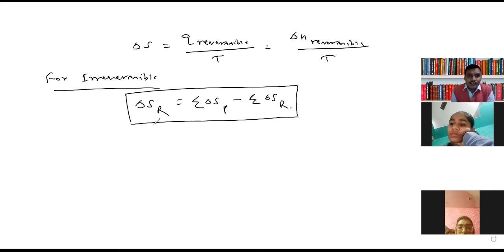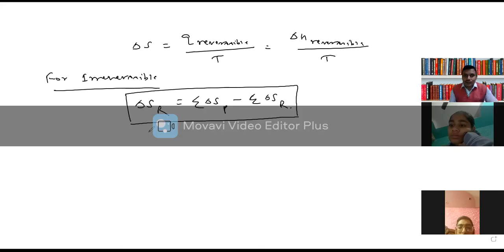Now we have to think about the entropy change and spontaneity. जिसके लिए हमने entropy पढ़ा था, उसको तो पहले identify करना पड़ेगा.